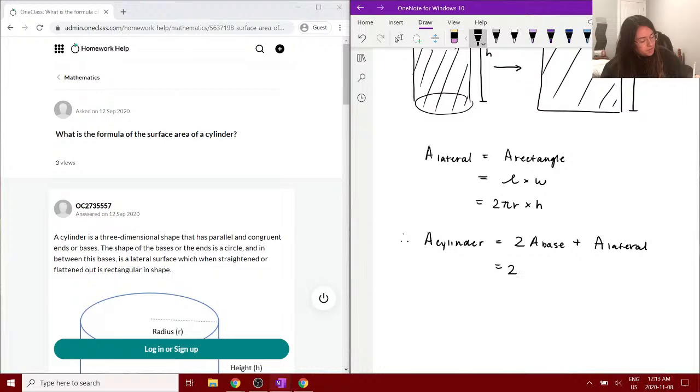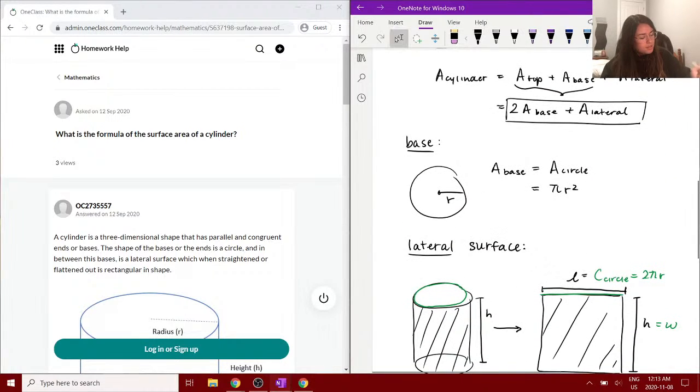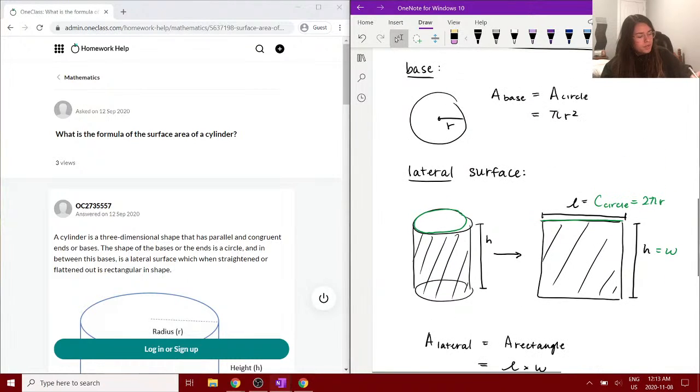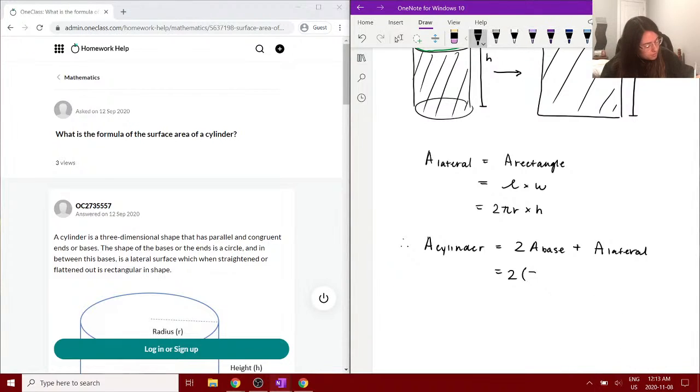And we found out that the area of the base is the same as the area of a circle, so that's pi r squared, plus the area of the lateral surface, which we found out to be 2 pi r h. Okay.